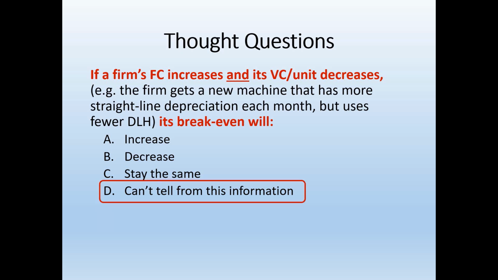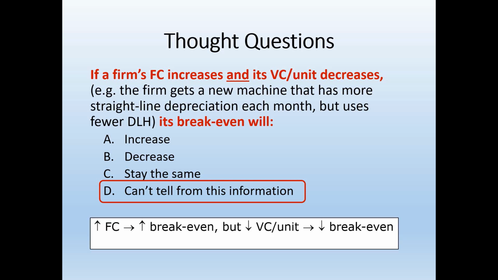This is a tricky question, and the short answer is it depends. When the fixed cost increases, that means that the firm will have to sell more units in order to get enough contribution margins to cover the new higher fixed cost. But at the same time, the variable cost has decreased, so the contribution margin per unit is now bigger.